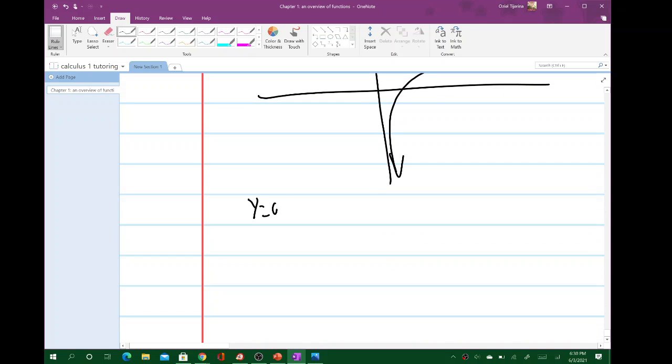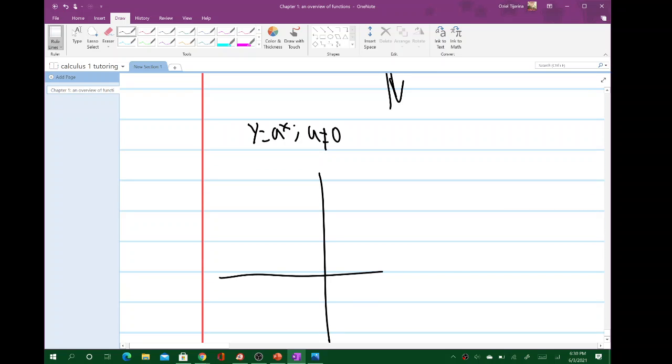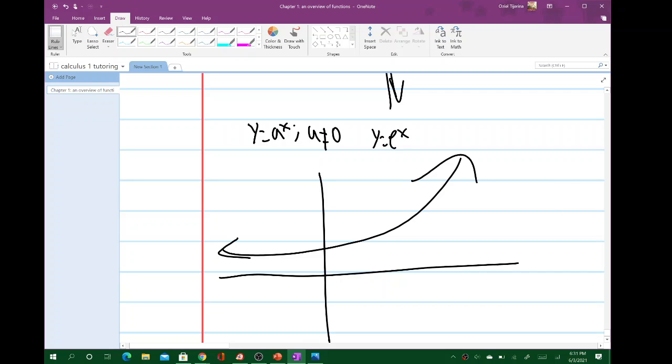When we say y equals a to the x such that a does not equal 0, we can say that it can look like this. It's kind of like the exponential function. In reality, e to the x is just another power function. e to the x is the same thing as saying y equals 2.71 raised to the x power. Okay, that's all that is.